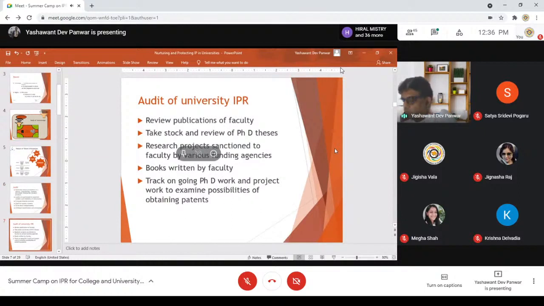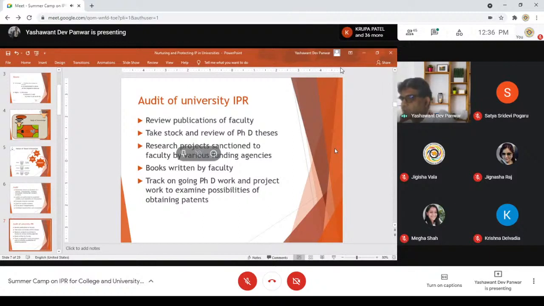So what all should you do in nurturing intellectual property rights in your institutions by way of auditing IP within your institution? It is always advised that you periodically review publications by the faculty, before the publication is made. These reviews are supposed to be very quick because people cannot wait for long.